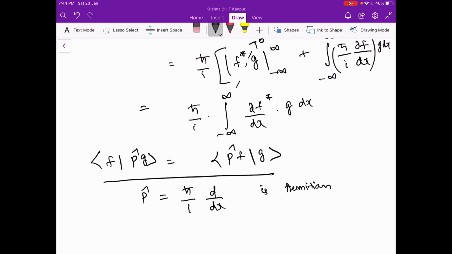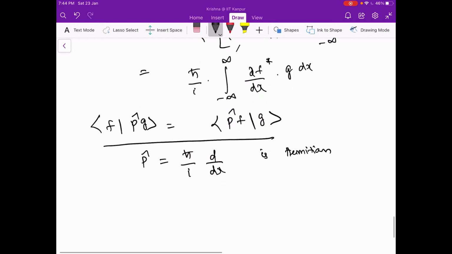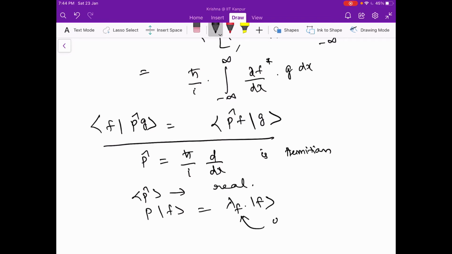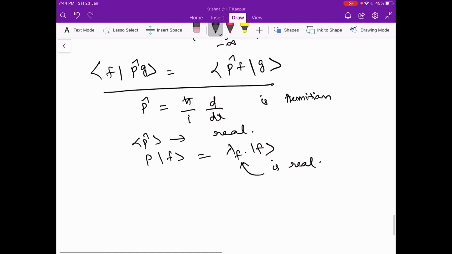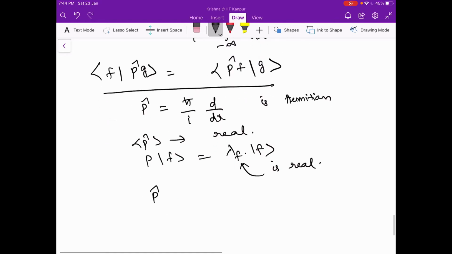And if this is Hermitian, we can always tell that all the expectation values of p are going to be real, and p acting on any vector will give you lambda f, and lambda is going to be real, and p is called an observable in quantum mechanics.